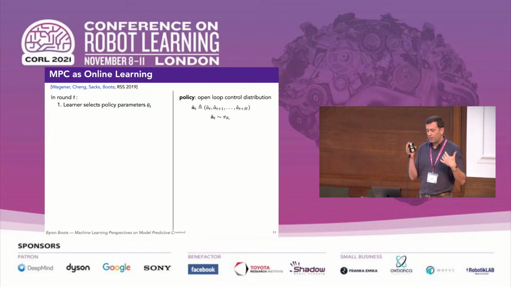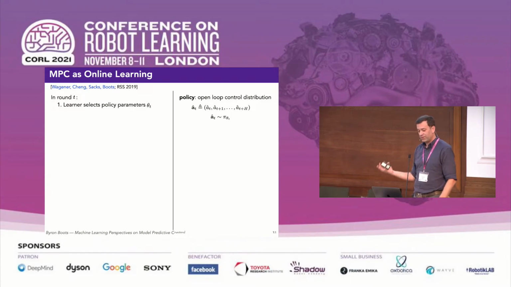And then second, the policy is just going to be a really simple open loop control distribution. So you can just think about the policy as a distribution of trajectories or actions. Now, note that this policy is not actually conditioned on state. It's even simpler than that. It's literally just a distribution of action sequences. And we can think of the statistics of the distribution, for example, if we're using a Gaussian, the mean and covariance, as the policy parameters.